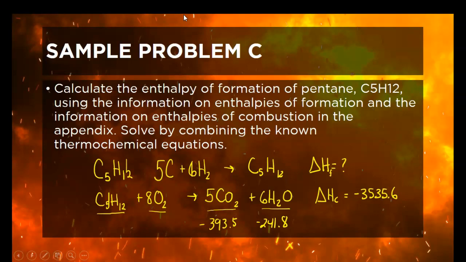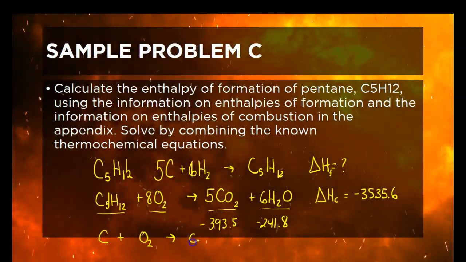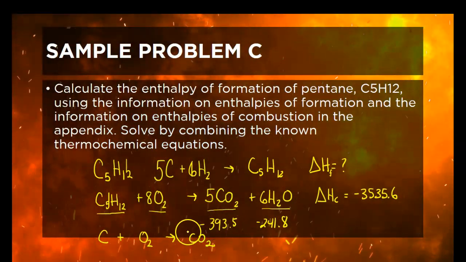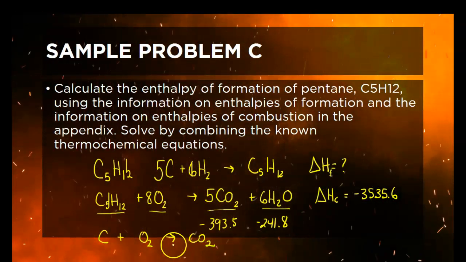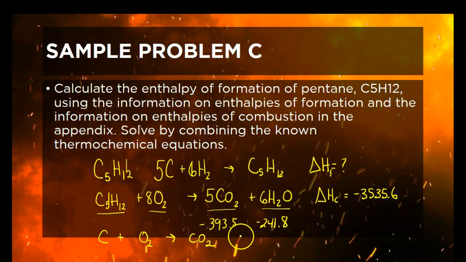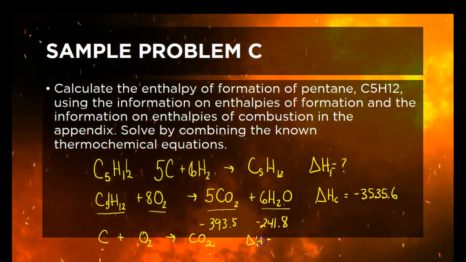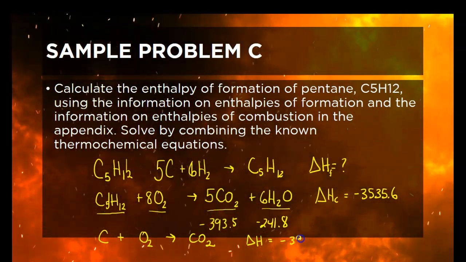So CO2 to be formed would be C plus O2 gives CO2. And I want 1 mole of CO2. So that actually works out perfectly. So I'm just going to write delta H equals negative 393.5.